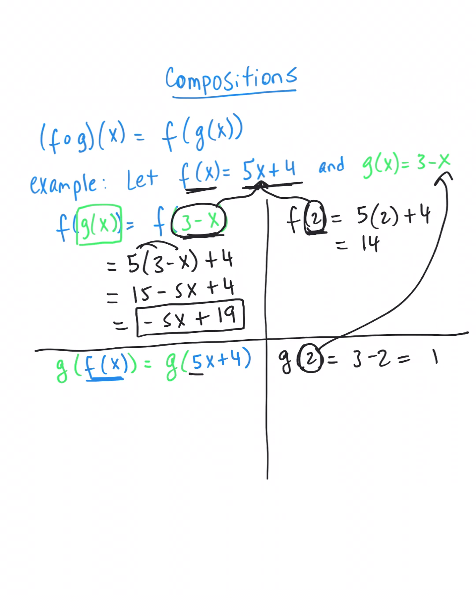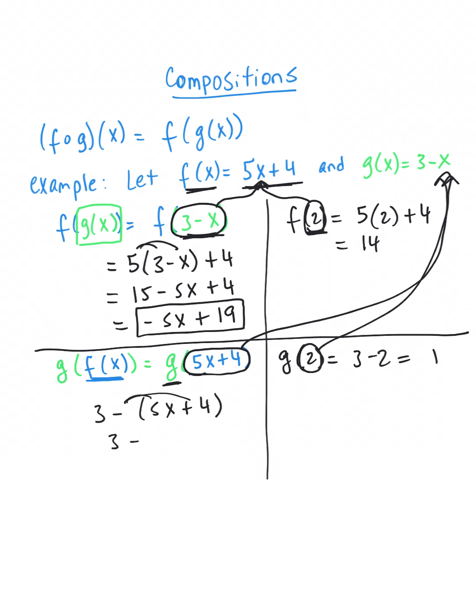So in the exact same way, we're just going to take everything that's in the parentheses and plug it in for that x in g of x because g is on the outside here. So we'll have 3 minus 5x plus 4. The parentheses here are very important because you want to distribute your negative.